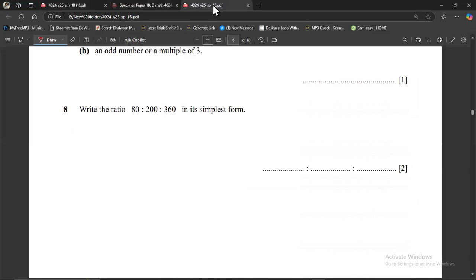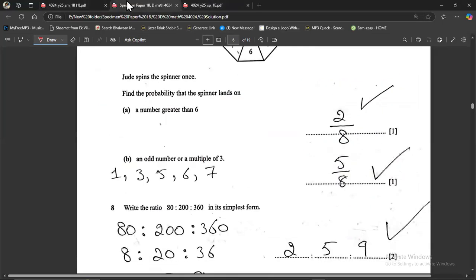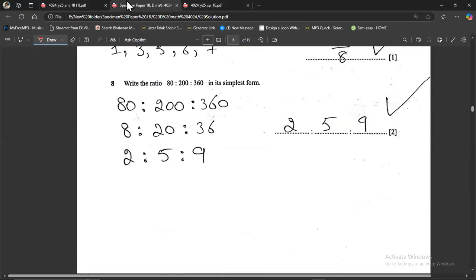He says write the ratio 80 : 200 : 360 in its simplest form. So we will try to cancel with the same number. If all the 3 numbers can be cancelled with the same number, then we will cancel. So 80 : 200 : 360. So I will divide the 3 of them by 10.